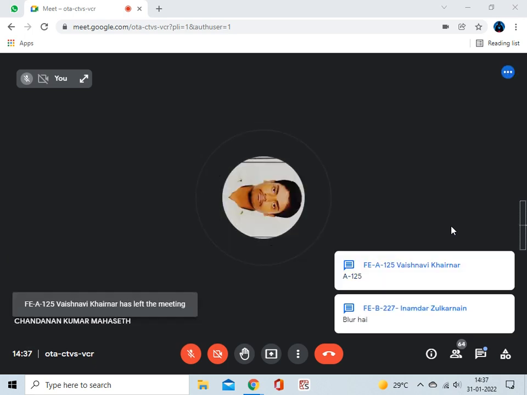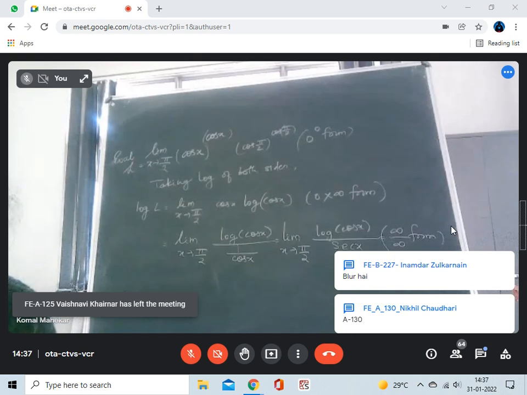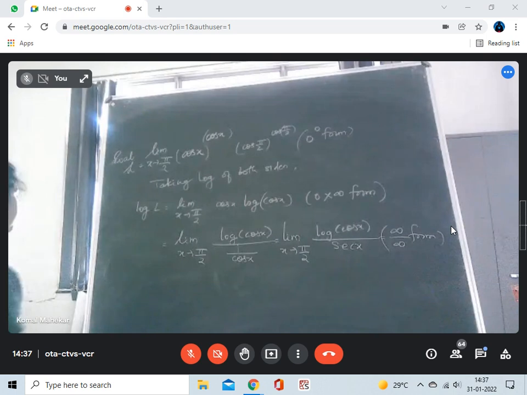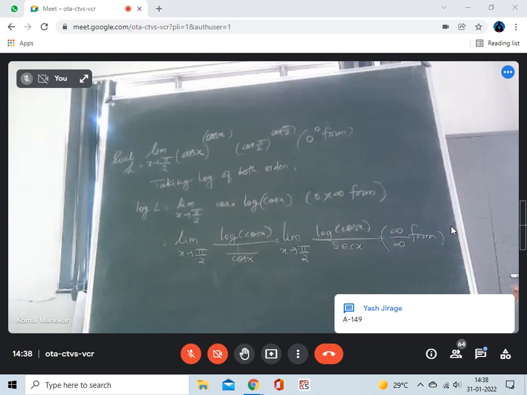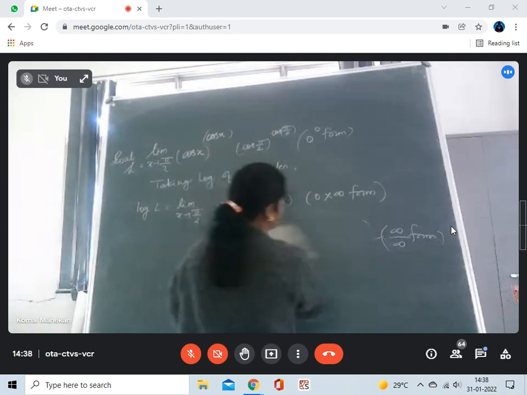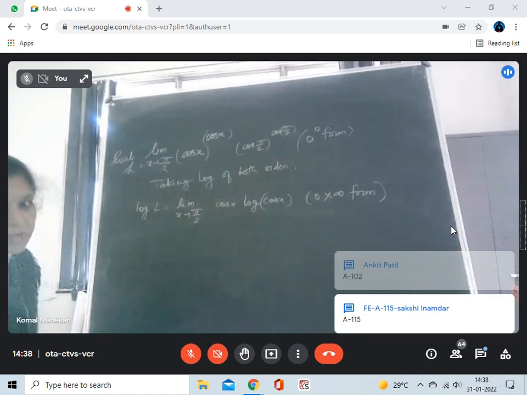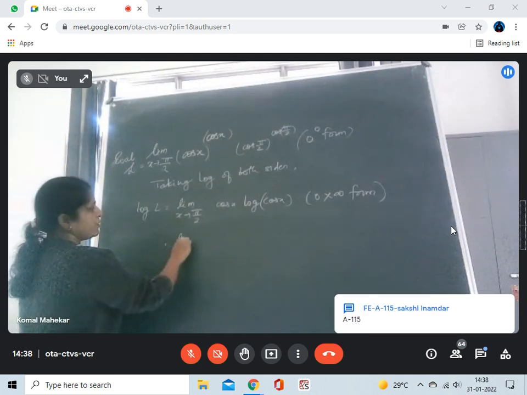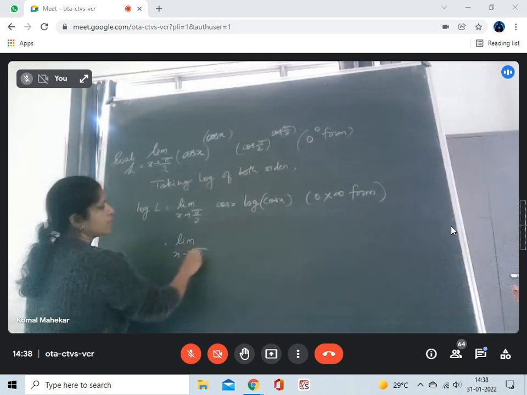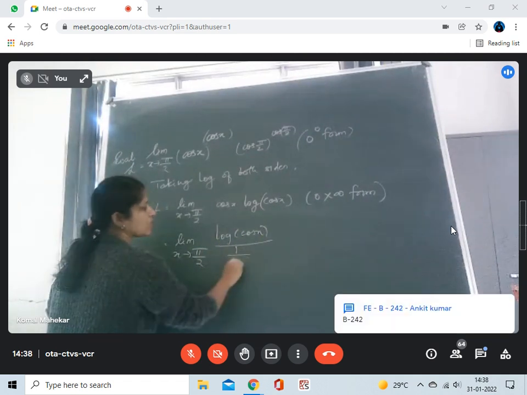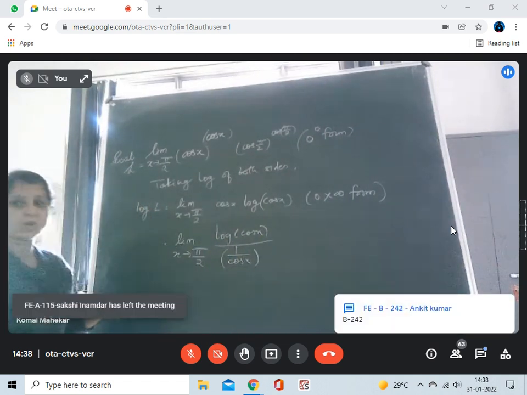So this is now infinity by infinity form. See here, limit x tends to pi by 2 of log of cos x divided by 1 upon cos x. 1 upon cos x is nothing but sec x.